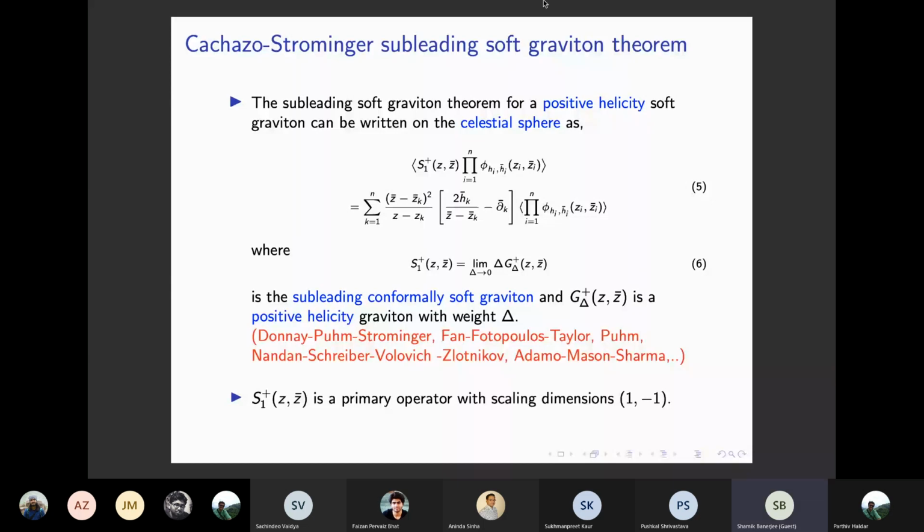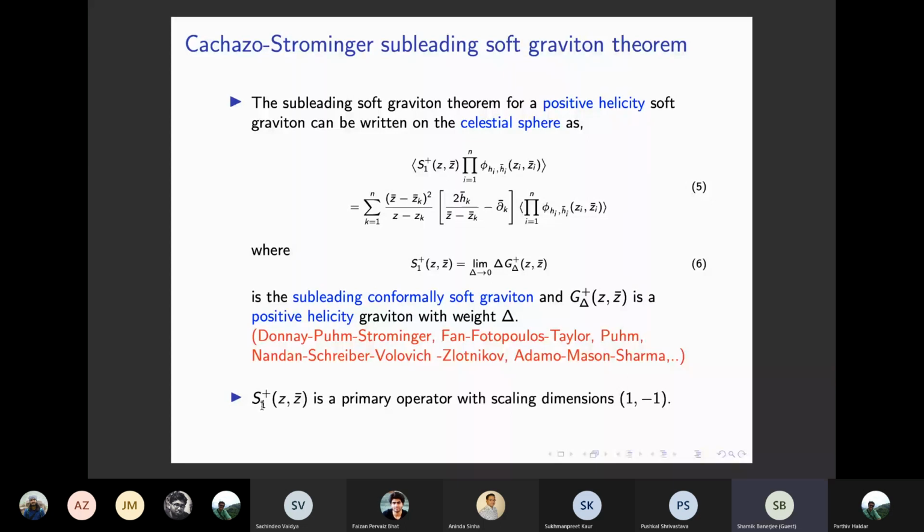You take delta going to zero, and G delta plus Z Z bar is a positive helicity graviton with conformal dimension delta. So this is the form of the subleading soft graviton theorem on the sphere.